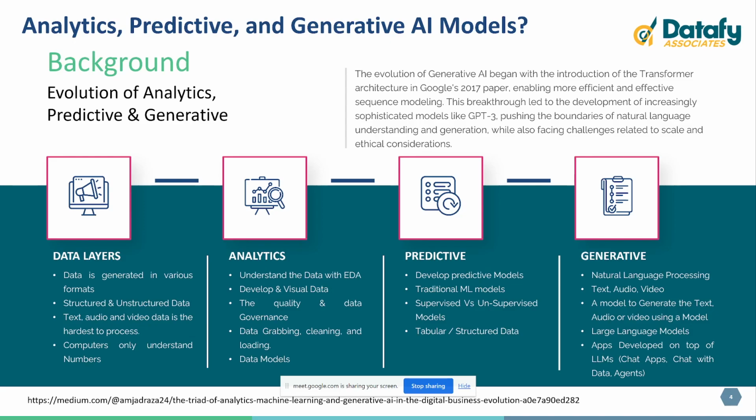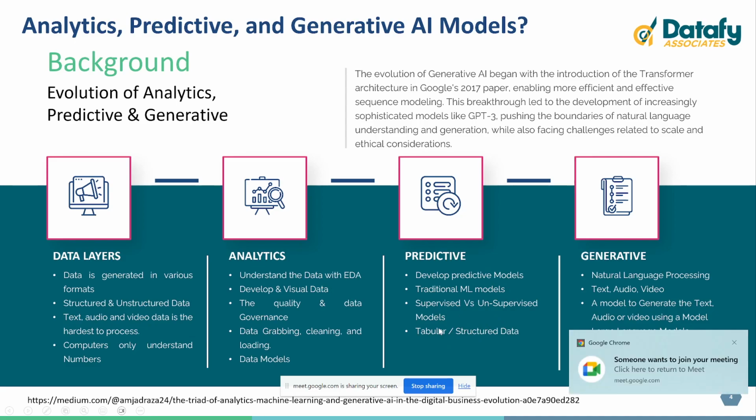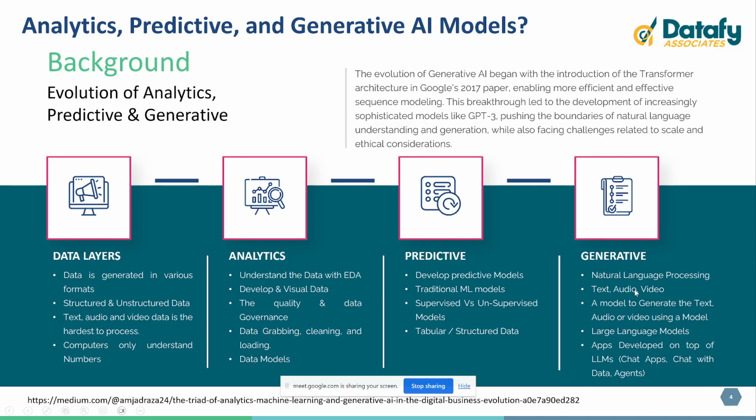And of course we want to build some models on text as well, like wanting to predict some text, or video and audio data. Even that sort of science comes under predictive as well, but we call this generative AI. In generative AI, we mostly deal with text, audio, and video data generated by humans.